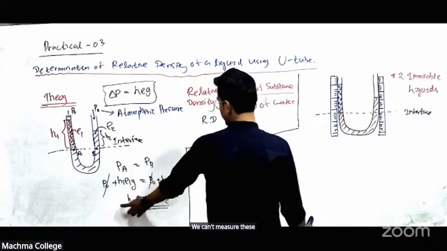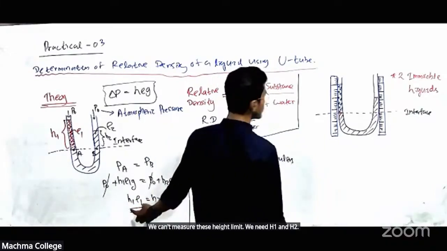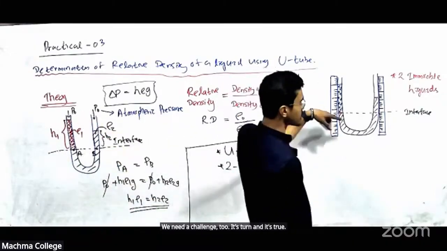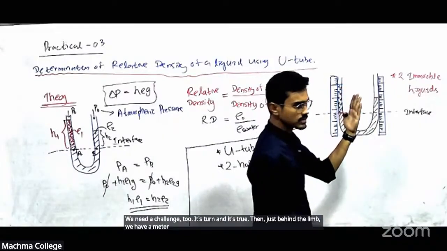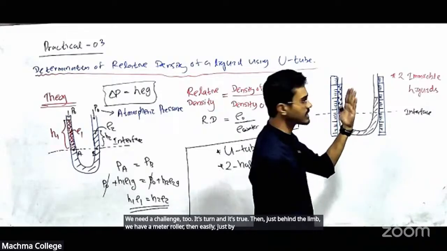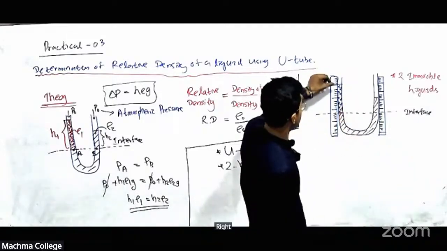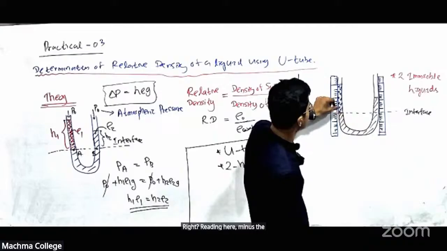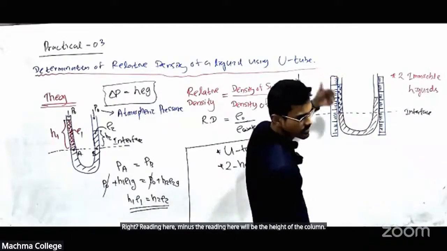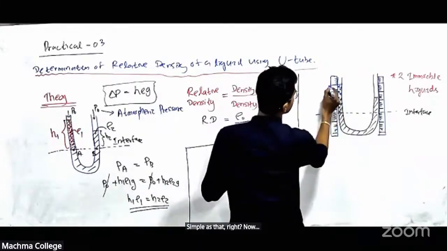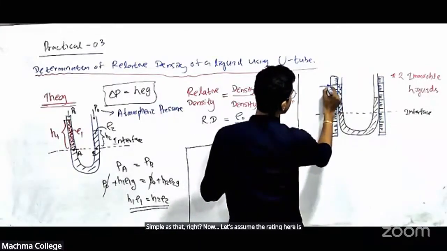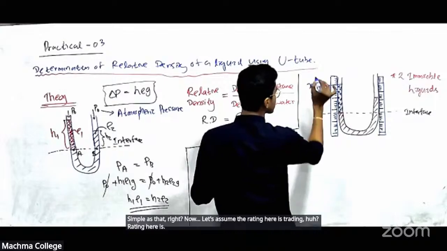We need H1 and H2. To measure it, we are using a meter ruler just behind the limb. Then easily, just by looking at the meter ruler, we can get the reading. The reading here minus the reading here will be the height of the column. Simple as that.